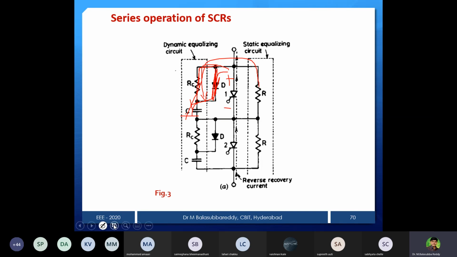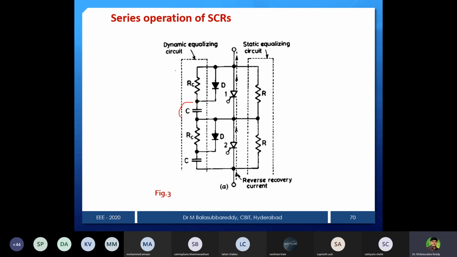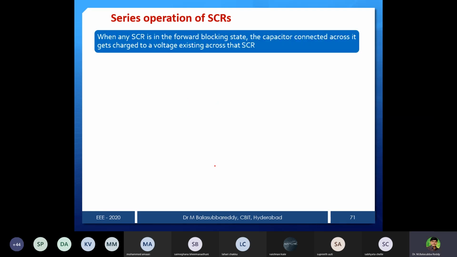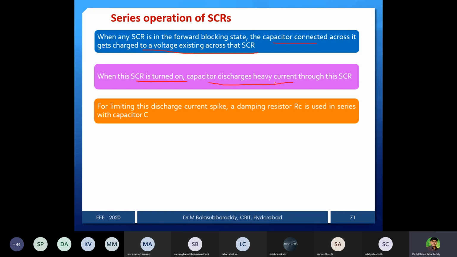Now the question is, what is the value of capacitor I need to place? A uniform capacitor value I have to place across each SCR, so we have to derive that value of capacitor. That's what the explanation is given. In blocking state the capacitor connected across is going to be charged, and when the SCR is on, the capacitor discharges, with heavy current passing through the SCR.